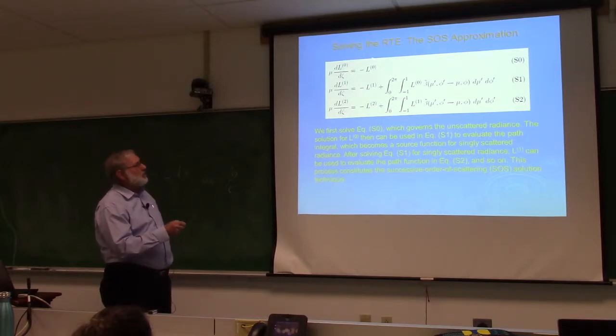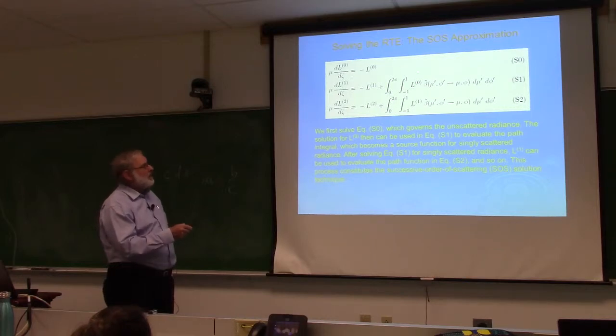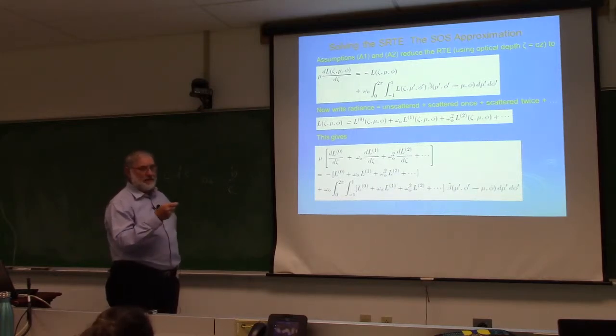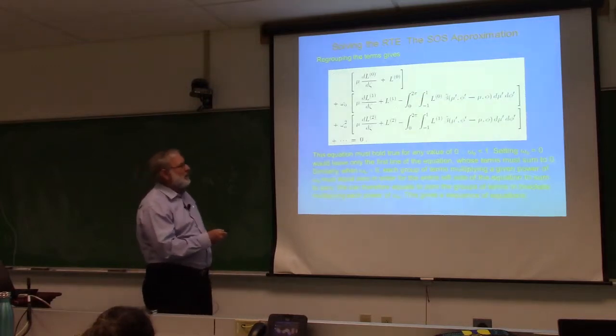And what you do is you solve the first equation, Beer's law, you take that and you stick it in here. And notice, because your RTE has the scattering term multiplied by omega naught, this is B over C, and I've written the phase function here, everything in here gets multiplied by an extra factor of the albedo of single scattering.